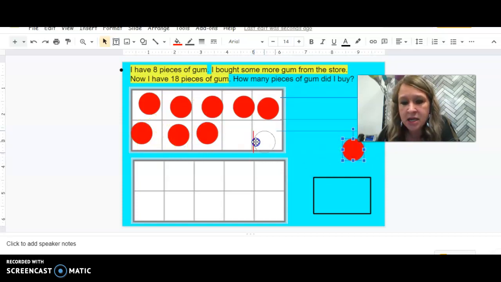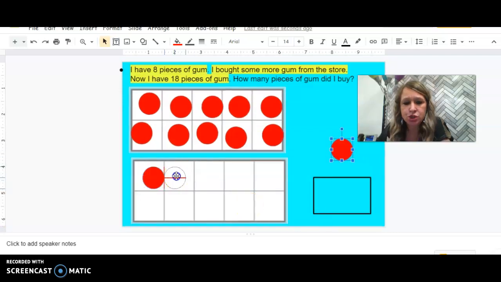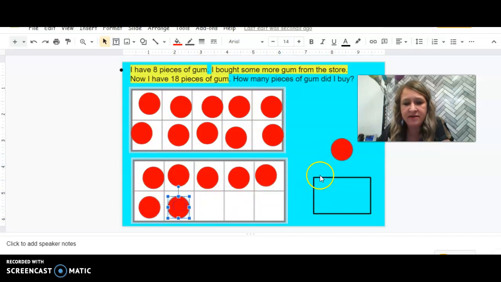Ready? 9, 10, 11, 12, 13, 14, 15, 16, 17, 18. Okay, now I'm going to circle the 8 pieces that I started with.